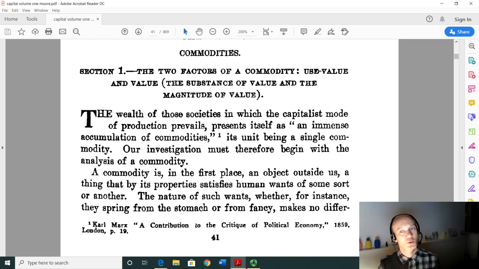The capitalist mode of production is the thing that nowadays people usually call capitalism. It's worth noting that the word capitalism didn't or hardly existed at the time, and is not used at all, or at least very, very rarely by Marx himself. So in German, actually, the word capitalism didn't exist at the time.